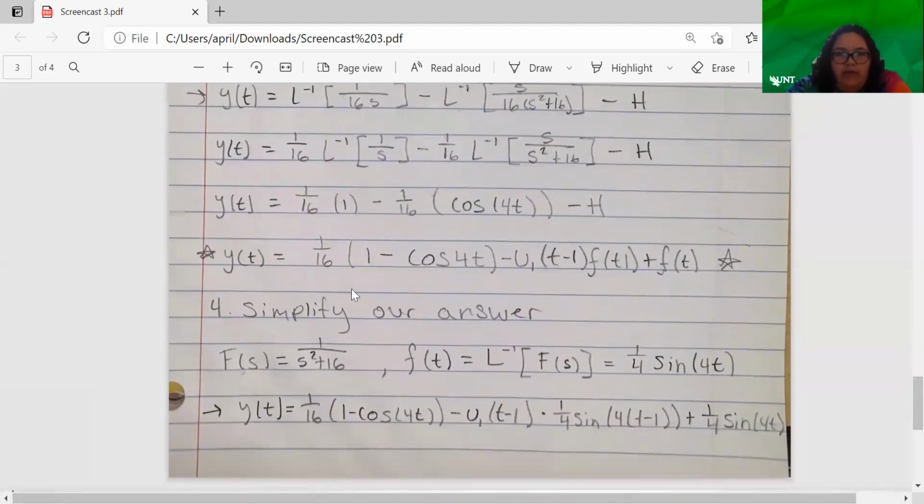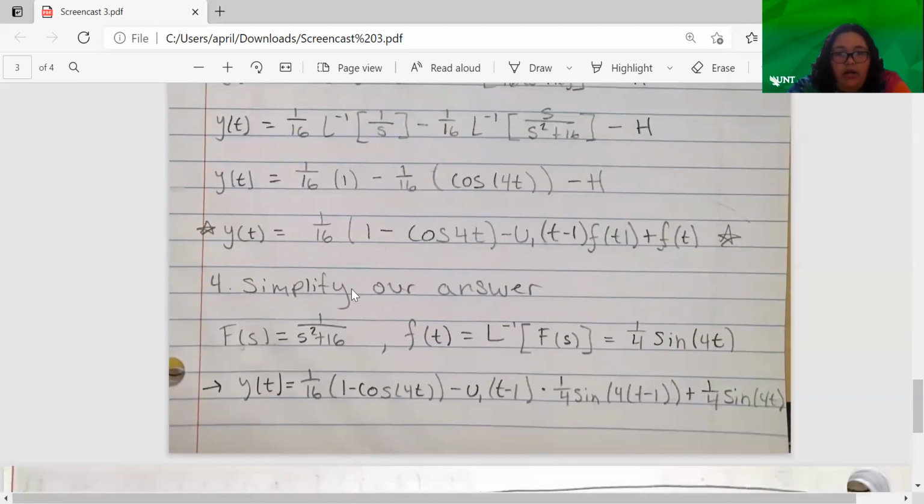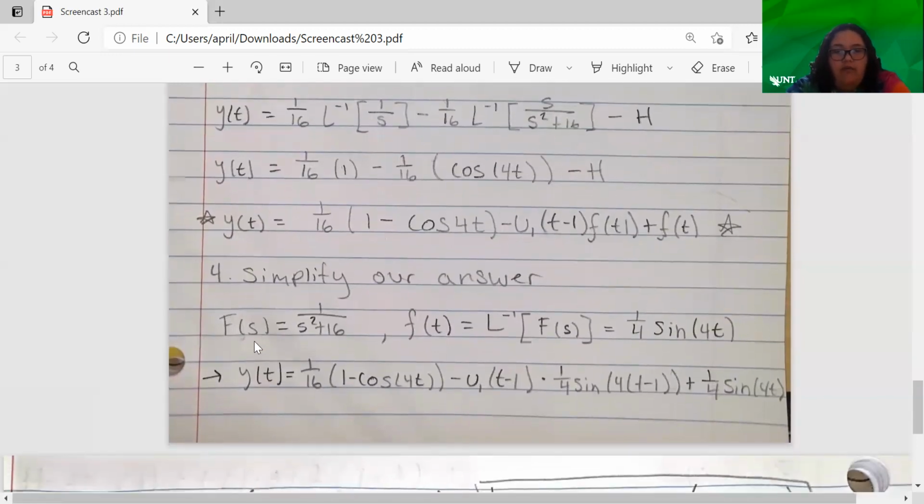Now all we have to do is simplify our answer. Remember that we changed F of s to 1 over s squared plus 16, and that f of t is equal to the inverse Laplace of F of s. Solving the inverse Laplace of F of s, which is this term right here, we get the answer 1 over 4 sine 4t.